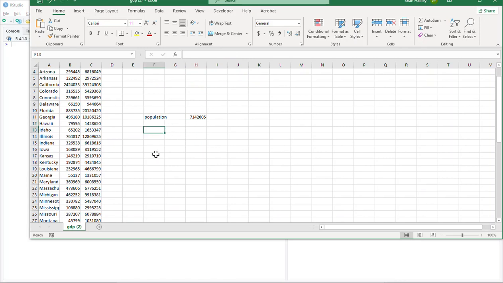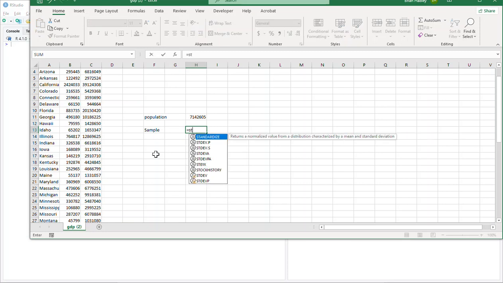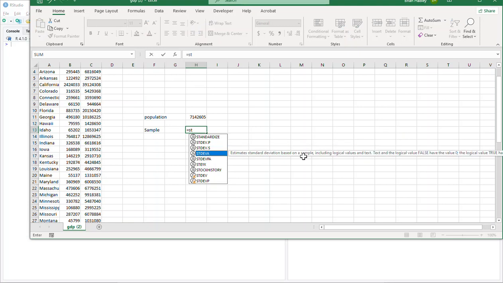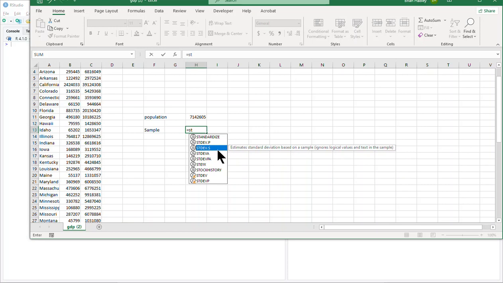So the sample standard deviation would be different. That's the standard deviation dot P, and this is STDEV dot S for sample. So this dot S is the sample.